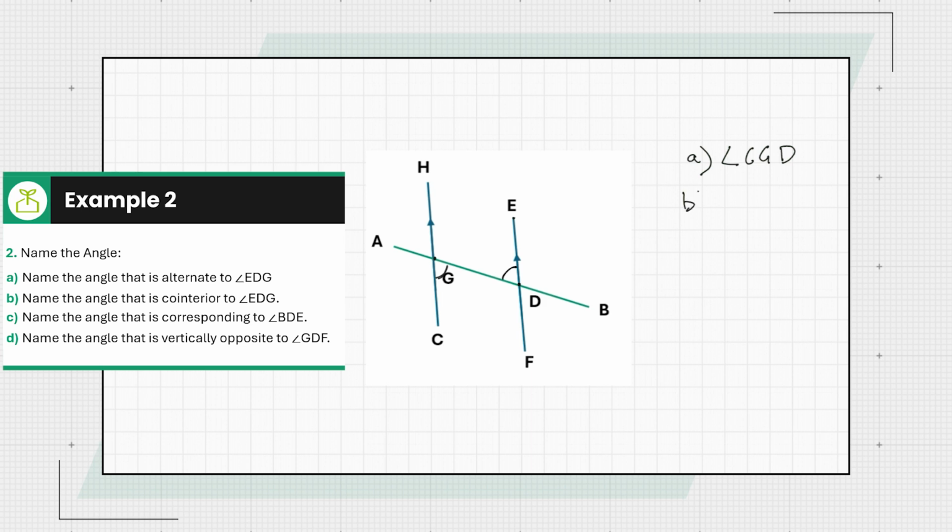Alright, let's look at B. We have to name the angle that is co-interior to EDG. So EDG is this one again, and the co-interior angle is the one that's right next to us in this kind of box. So that's the angle HGD.